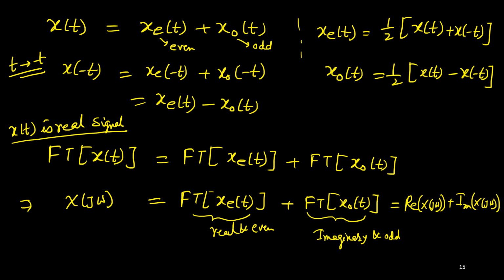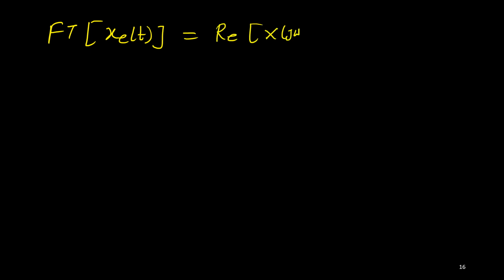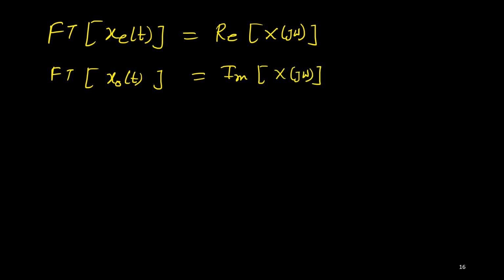So from here easily we can conclude that the Fourier transform of x_e(t) should be equal to the real part of X(jω), and the Fourier transform of x_o(t) is the imaginary part of X(jω). So the Fourier transform of x_e(t) should be the real part of capital X(jω), and the Fourier transform of x_o(t) should be the imaginary part of X(jω). So this is the conclusion.